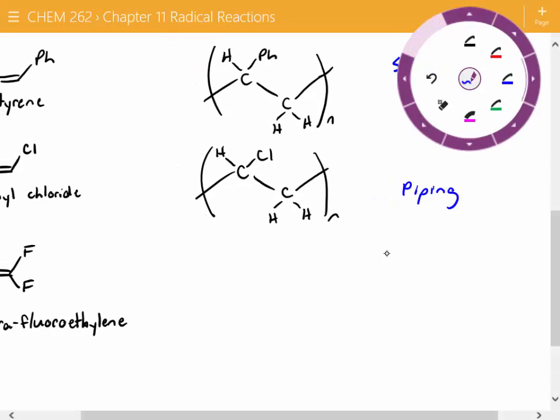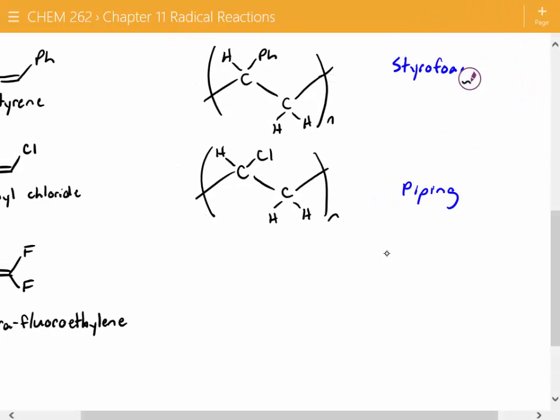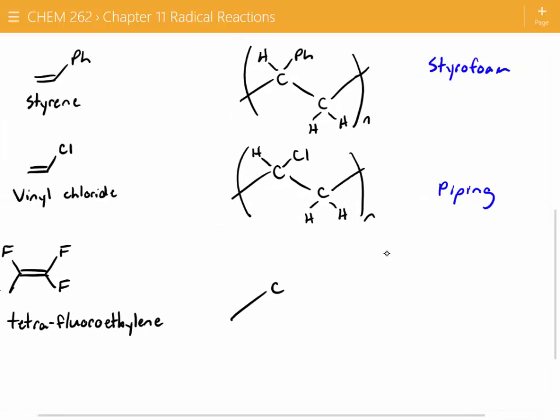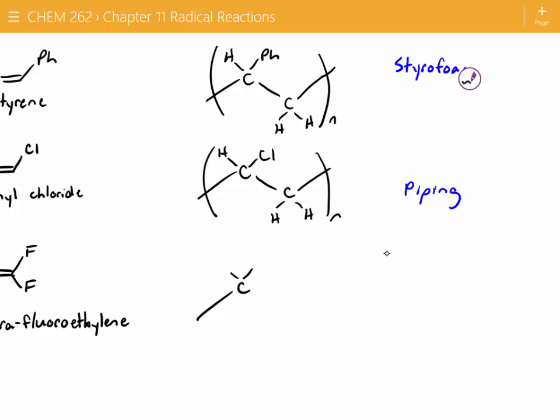All right. And then my last and arguably most favorite one is if we have tetrafluoroethylene, we're going to replace all of those hydrogens with fluorines. Does anybody know the name of this plastic? Polytetrafluoroethylene.